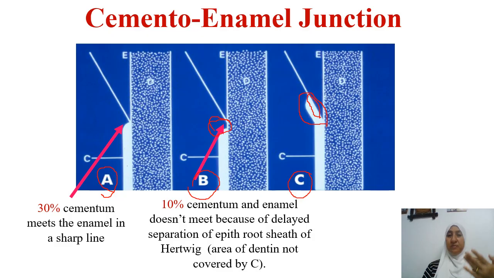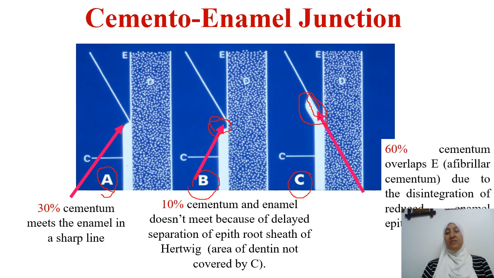It can be exposed easily, and any stimuli are transmitted into the pulp, leading to pulp death, while there is no caries or any obvious reason for this pulp death. Finally, afibrillar cementum forms about 60% of the cemento-enamel junction.